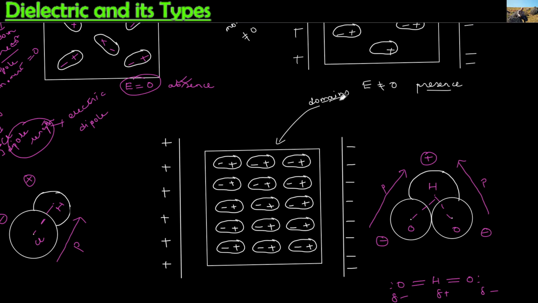When they get polarized, the positive and negative charges are separated by a finite distance, which means this end of the dielectric will have a net positive surface charge density, plus sigma, and over here a net negative charge density, minus sigma.